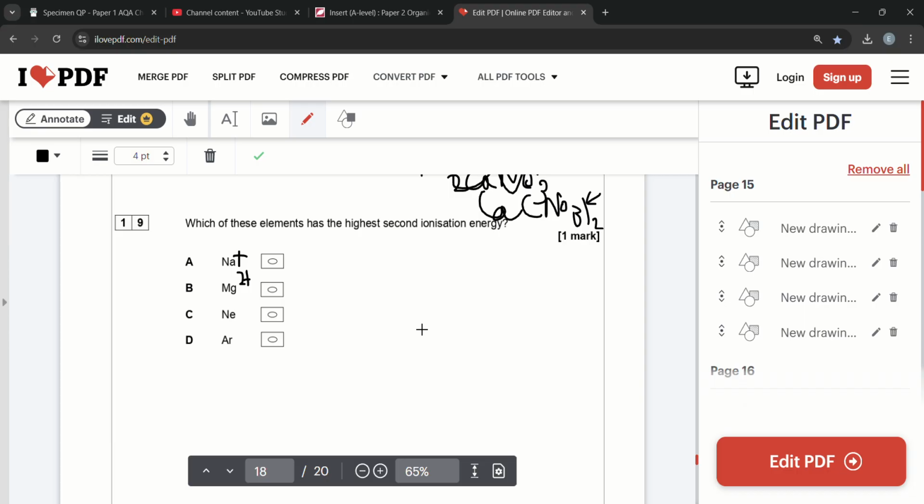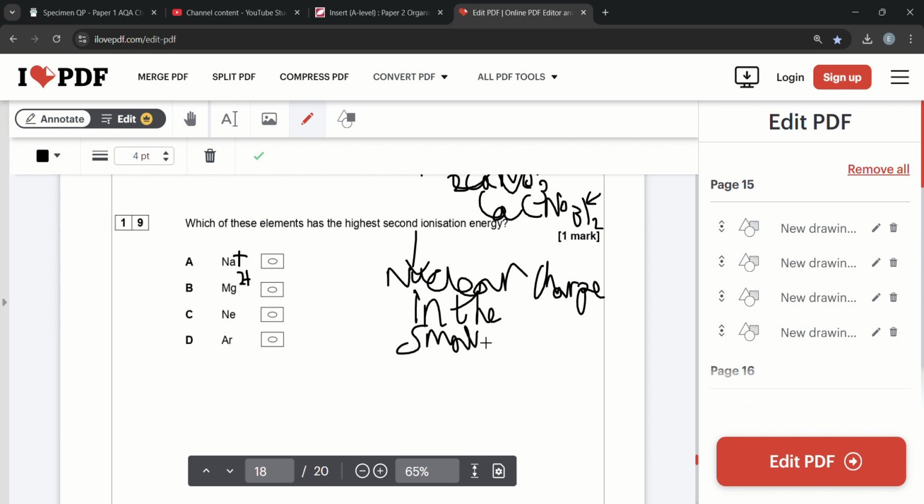Well, if you're looking for the highest ionization energy, you want to look for the highest nuclear charge in the smallest period.